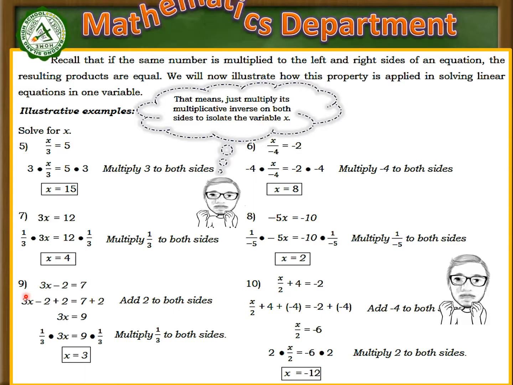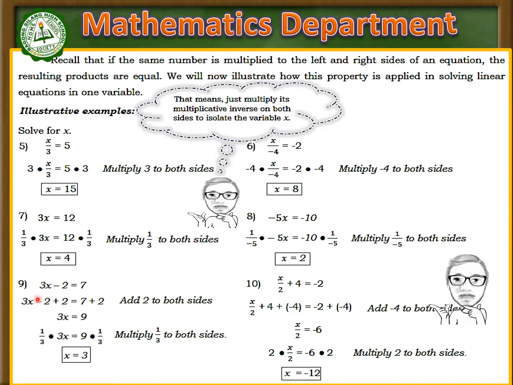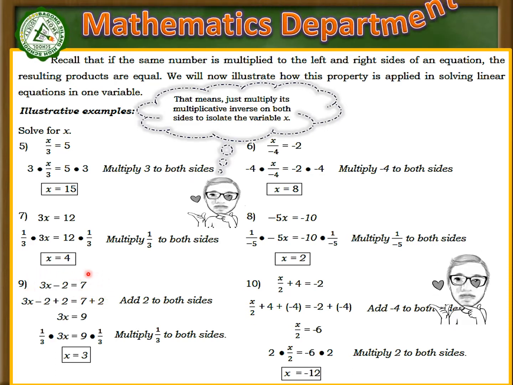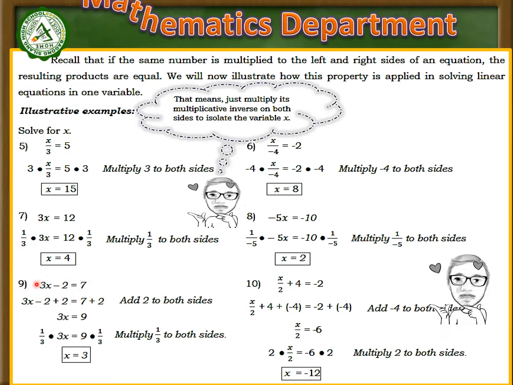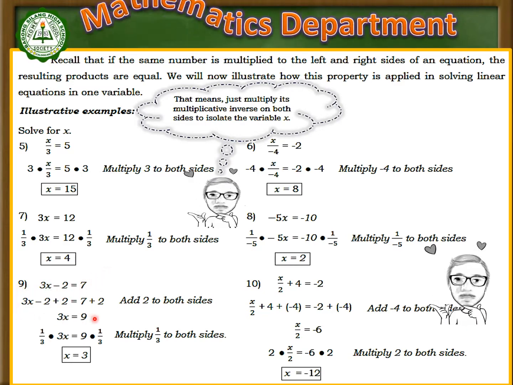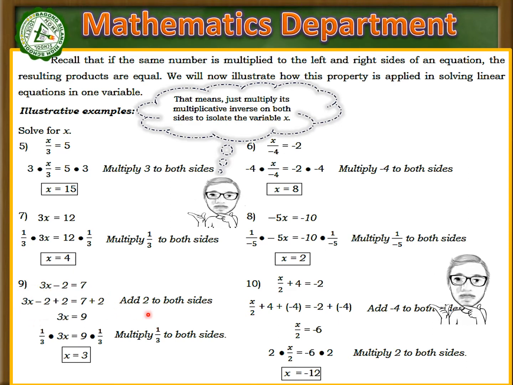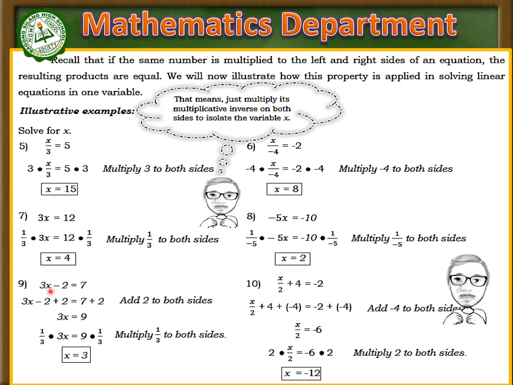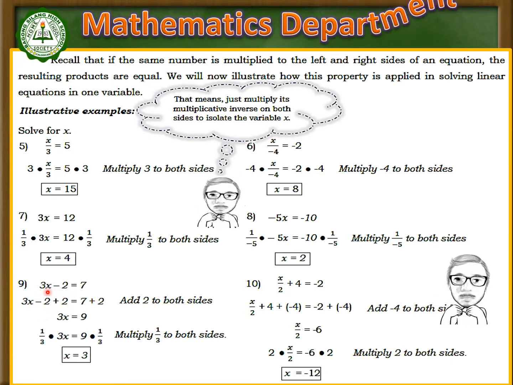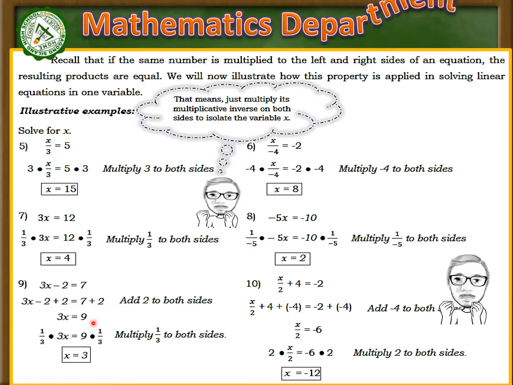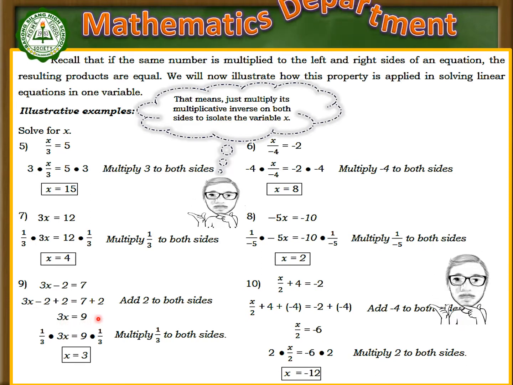So number 9. Number 9 is 3x minus 2 equals 7. It seems complicated, but we'll just have to apply properties of equality. First thing we have to do is to add 2 to both sides to eliminate that -2. So -2 plus 2 will be 0, and what remains on the right side will be 7 plus 2, and that's 9. 3x will remain on the left side and 9 on the right side.